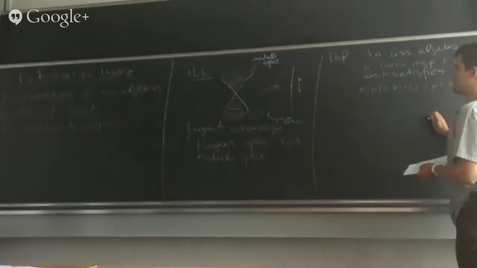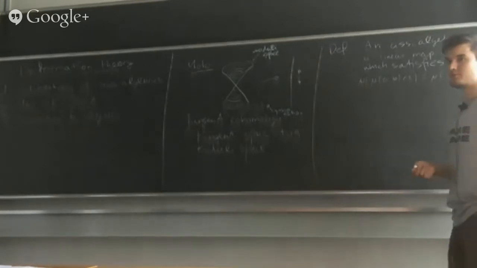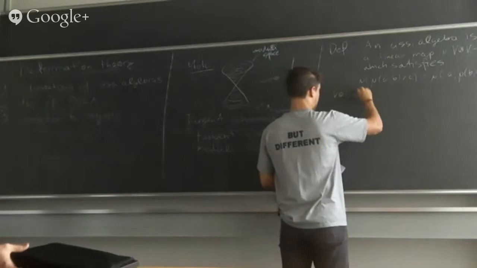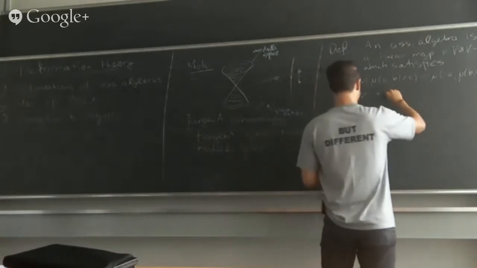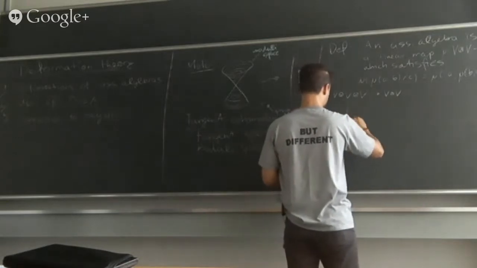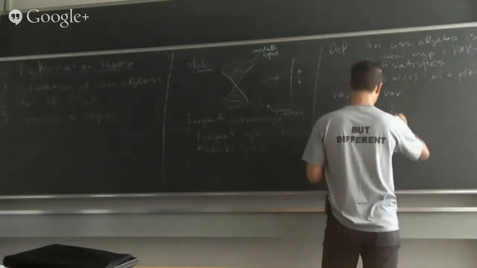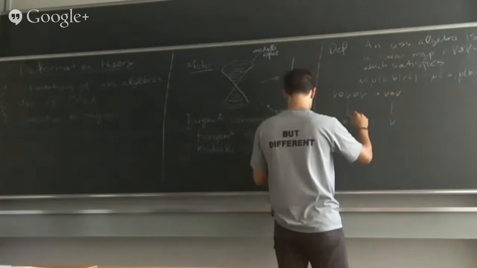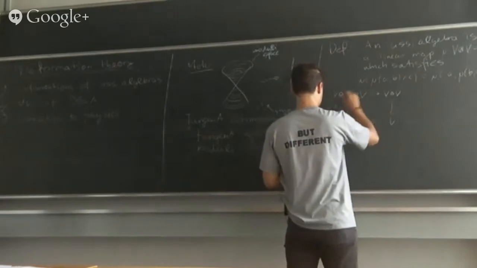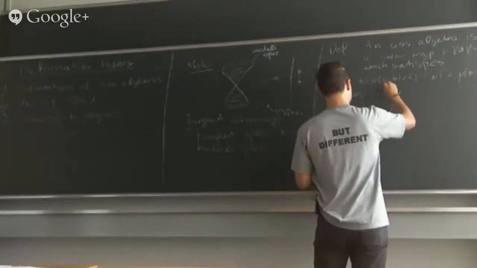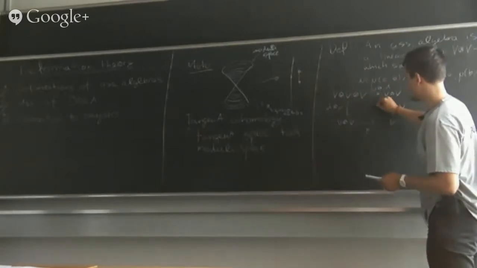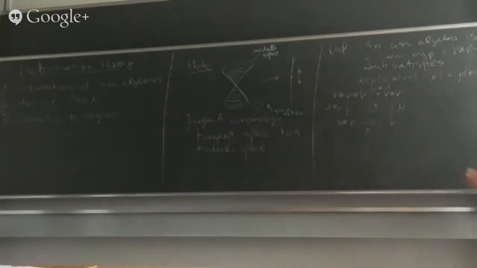If I would draw this property with a diagram, it would look like that, at least it should commute.